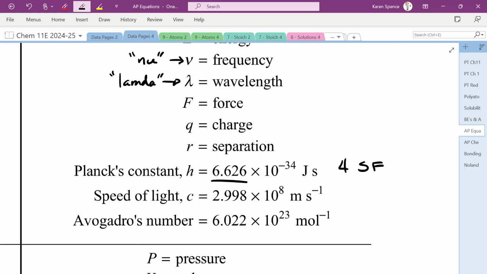We have visible light, which has various wavelengths. We have UV light, which has a higher frequency. We have infrared, which has a longer wavelength and a lower frequency. And we'll also, in chemistry, be dealing a little bit with X-rays as well, okay, which are also higher frequency.